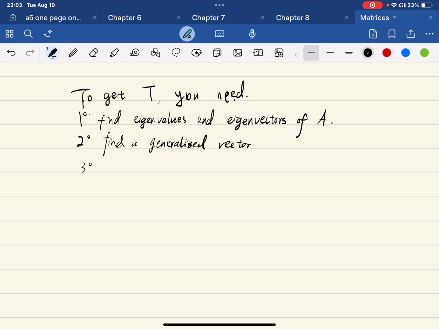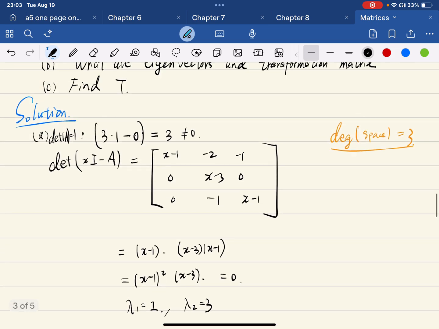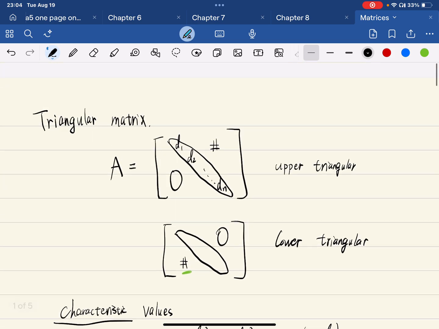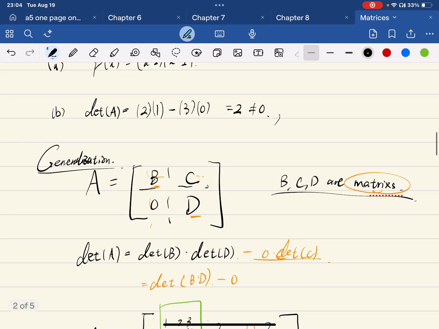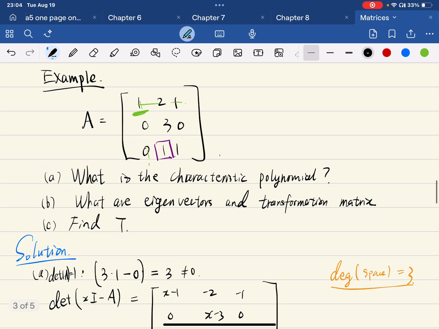Number 3 is form the transformation matrix. Number 4 is calculate. So those are some basic ideas for the triangularizable matrix. It comes from the triangular matrix.